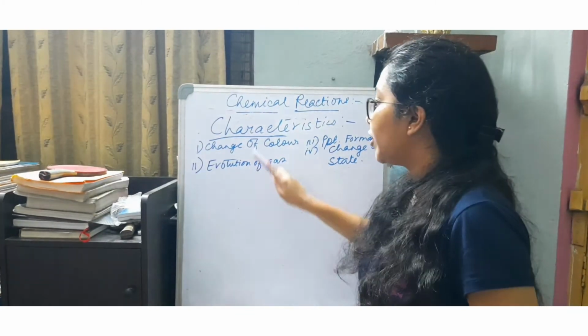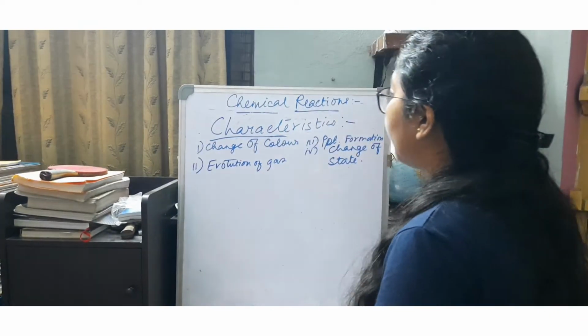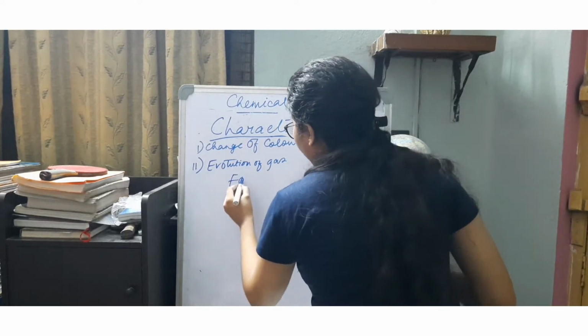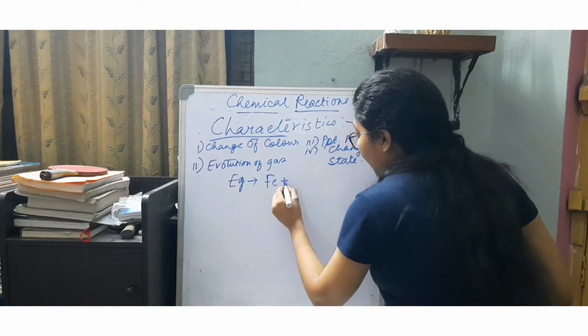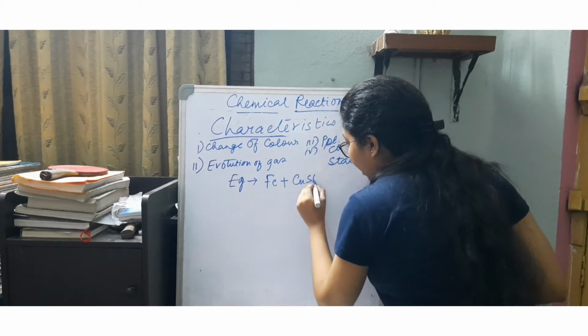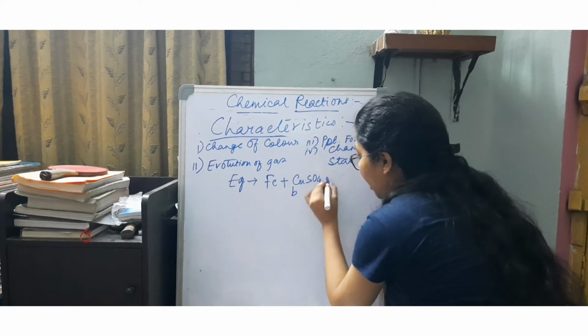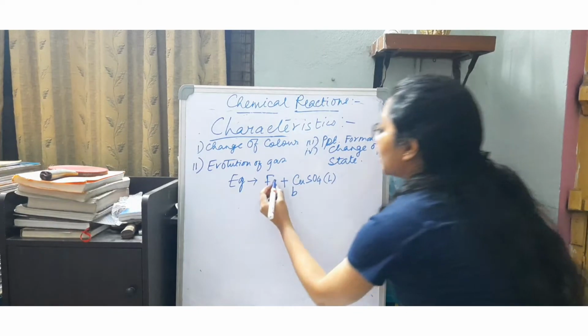So first of all, there is a change of color, okay. The most important example for the change of color is Fe plus CuSO4, okay. So CuSO4 solution, this is a liquid denoted with an L, this is a solid.